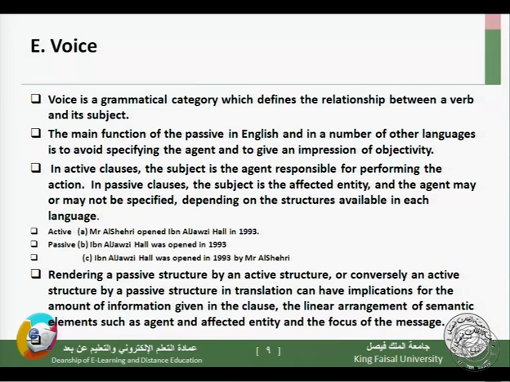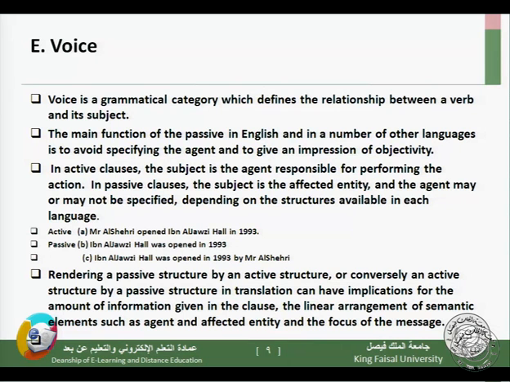Really, people use, mainly in English, passive voice to avoid specifying the agent and to show that, look, we are objective. We are not mentioning the subject or the agent.